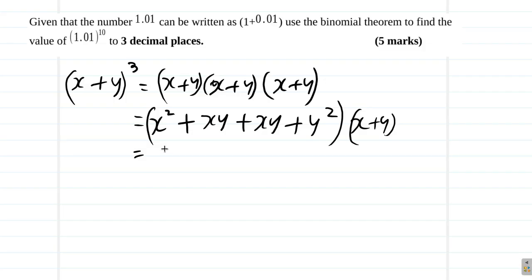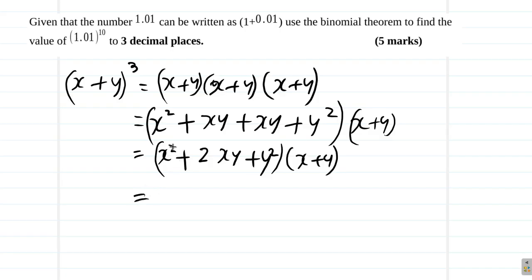So this is x squared plus xy plus xy plus y squared. These two add up to give you 2xy, plus y squared, and multiply by x plus y.